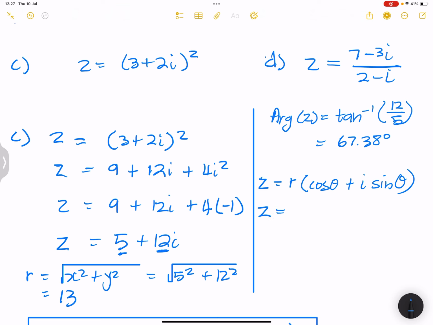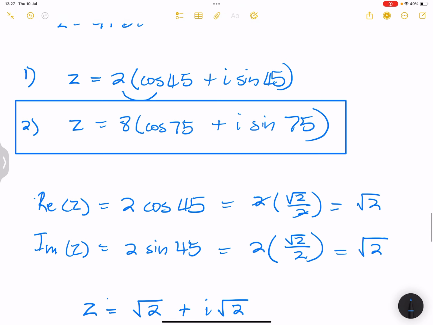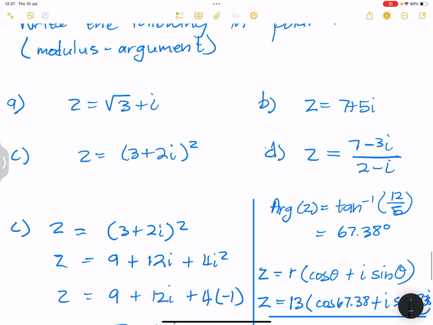So that's going to be 13 times the cosine of 67.38 plus i, the sine of 67.38. All right, so that is essentially how the cookie crumbles. That's what we have over there, ladies and gents. And we are going to do the same for that guy here.